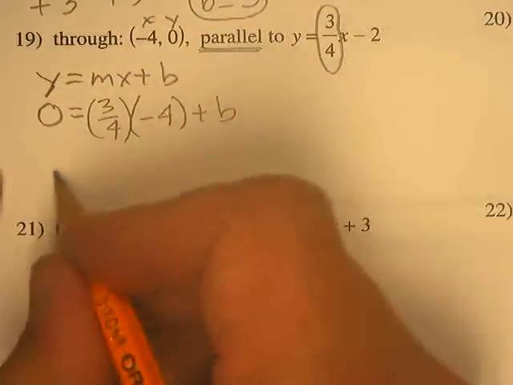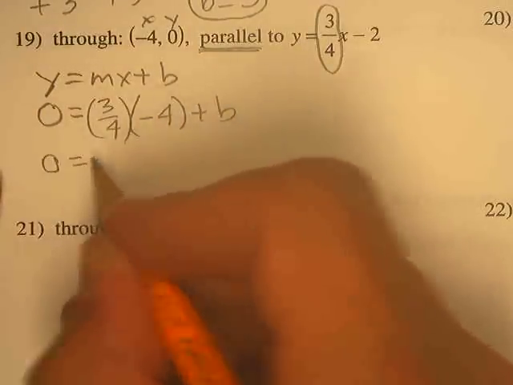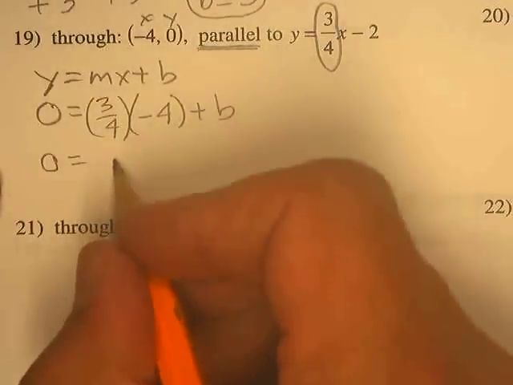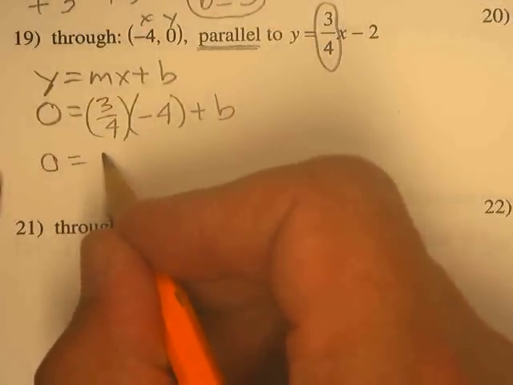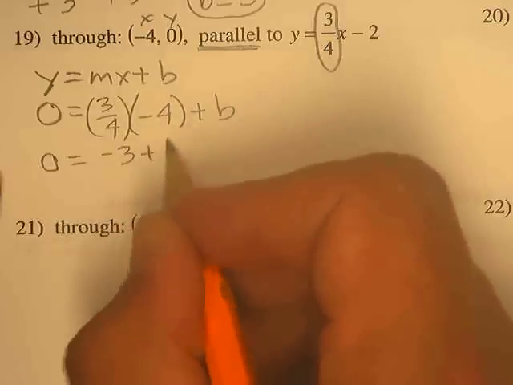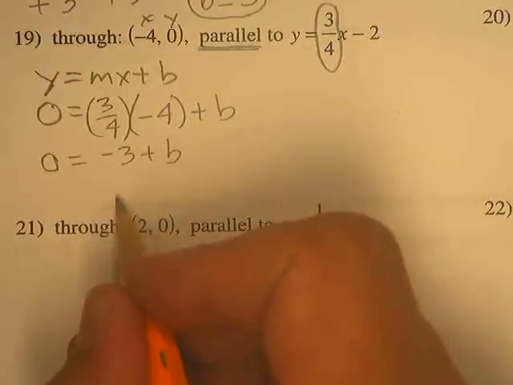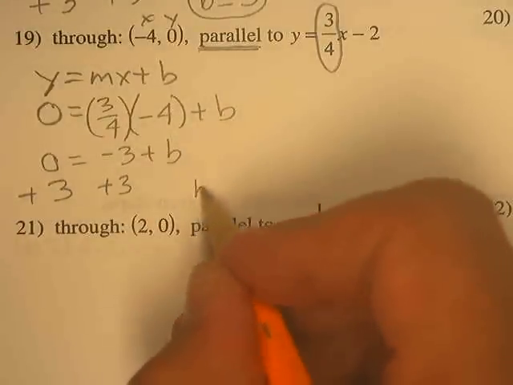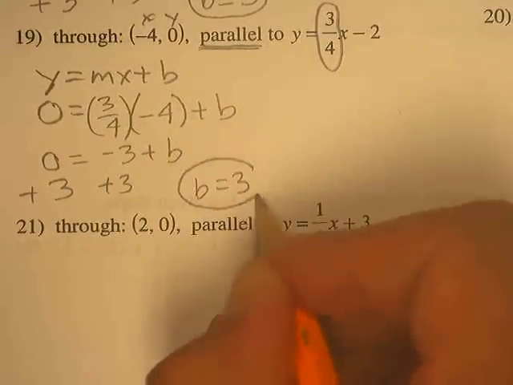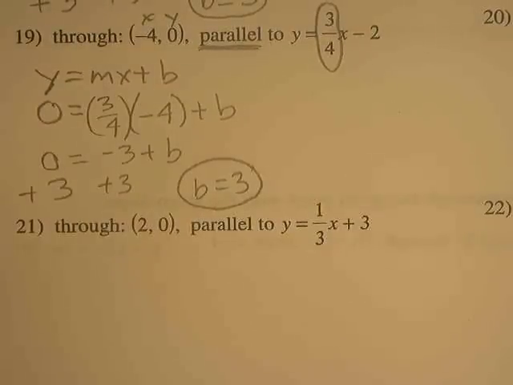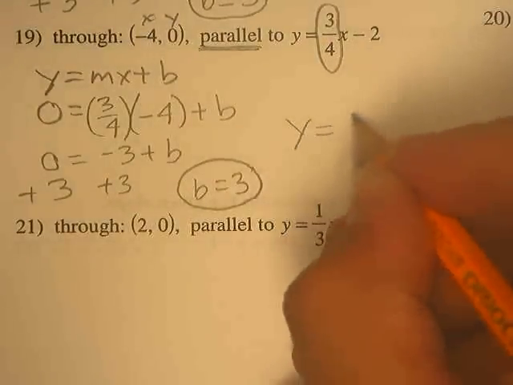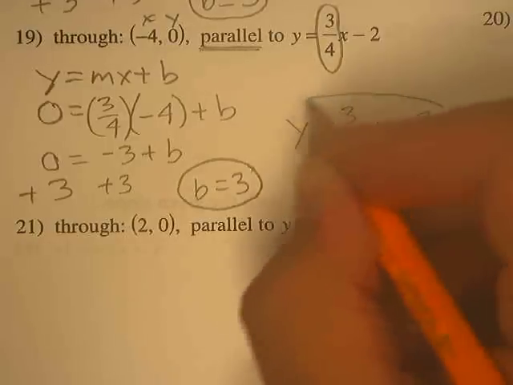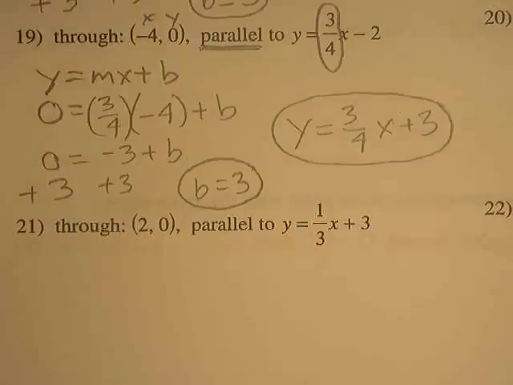The x value is negative 4, plus b. So you have 0 is equal to 3/4 times negative 4, which is negative 3. I add 3 to both sides to get b by itself. So b is going to equal 3. So my equation is y equals 3/4 x plus 3.